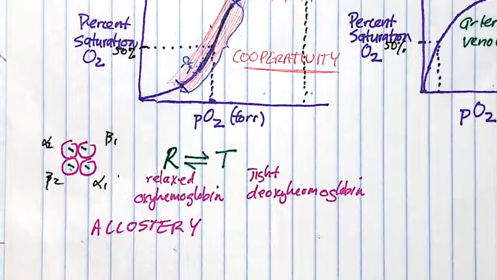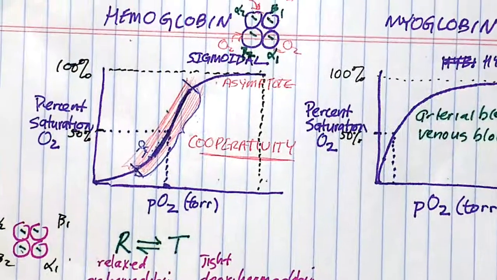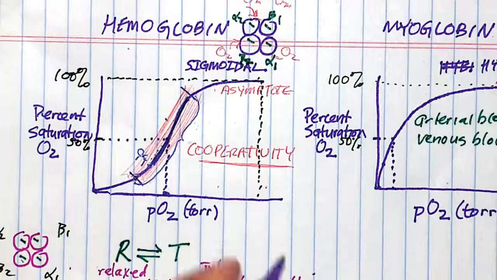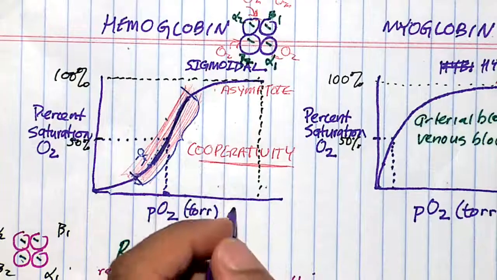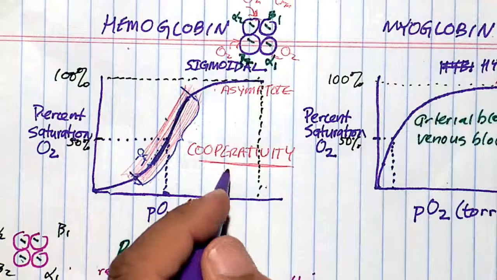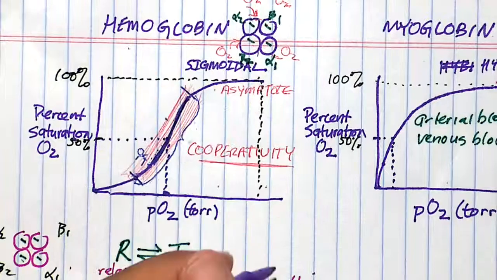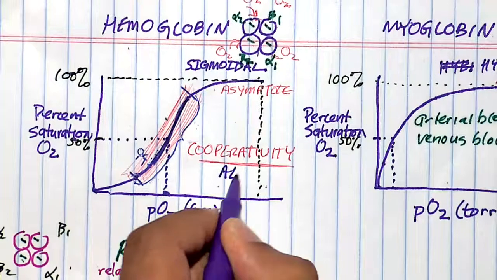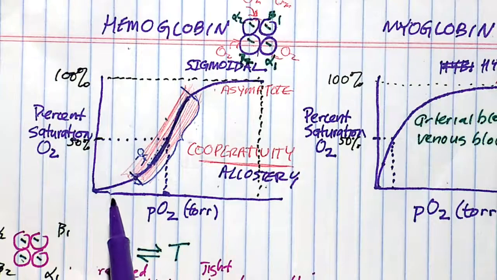Cooperativity is very important. Allostery actually stems from this curve. When you have a sigmoidal curve of binding of a ligand to a protein, not just for hemoglobin but for other proteins in the cell, it not only implies cooperativity if it's a multi-subunit protein like the tetramer of hemoglobin, but it also implies allostery, which means you can regulate how well oxygen binds to the heme in hemoglobin.